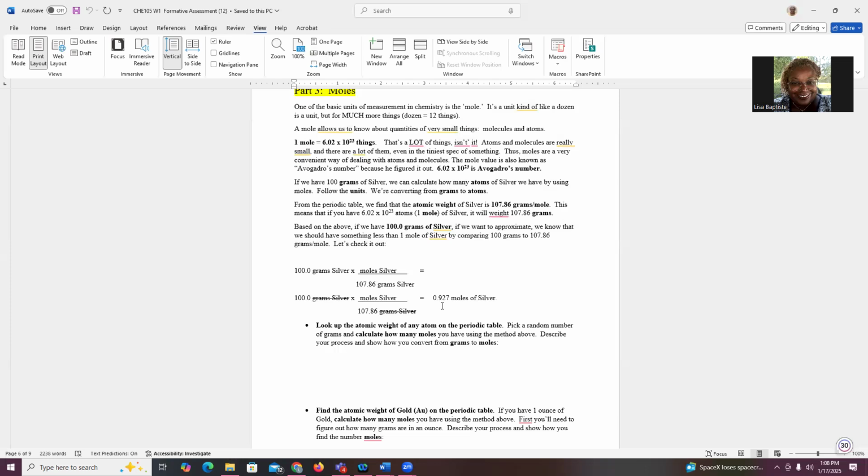So this is not correct. So we have 100.0. If we divide it by 107.86, we get 0.9271. Okay, so that should be a 1. And that will give us the 4 significant figures that we need for this problem.